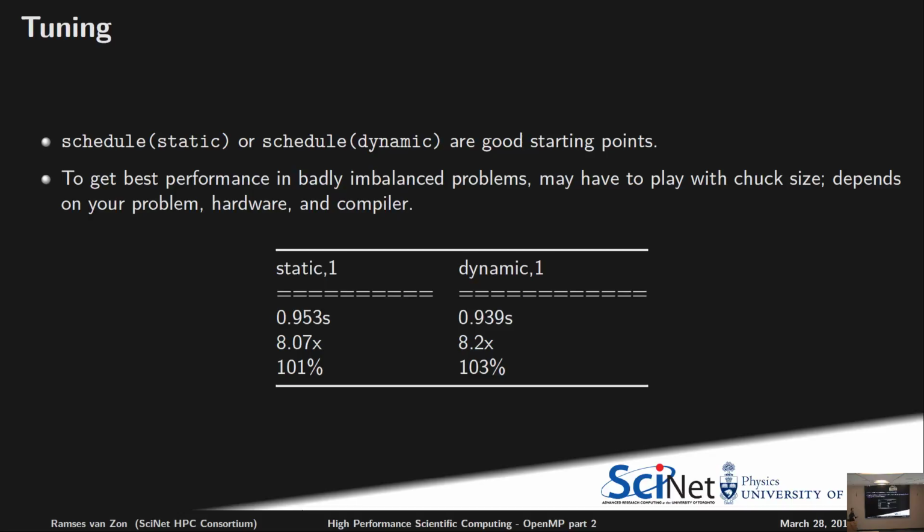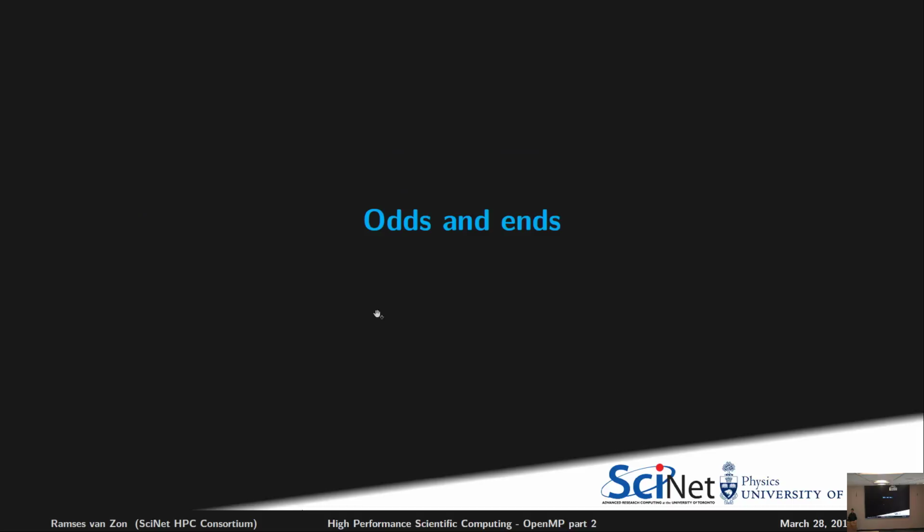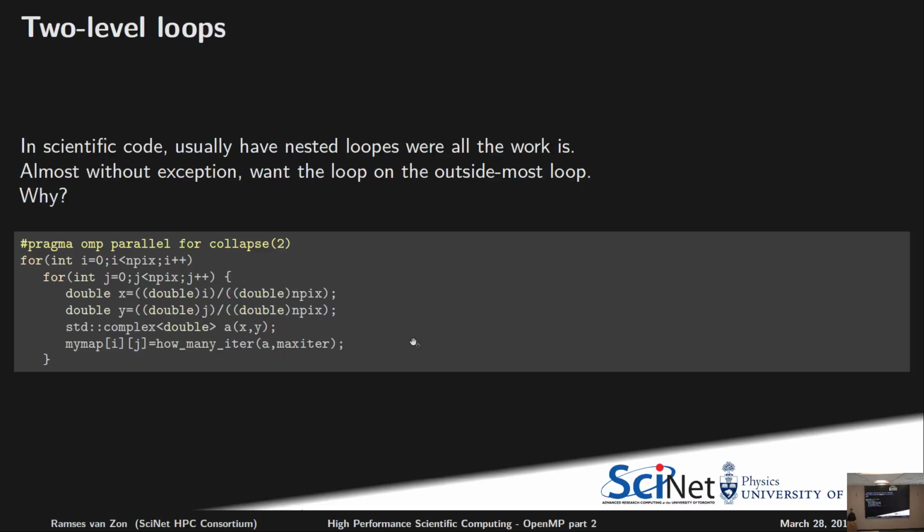And those are the most important things that you need to know about to get performance. There are some other things that are added to the slides. I actually forgot exactly what they were, but just some other things that are good to know that you can also do with OpenMP, but are more corner cases.